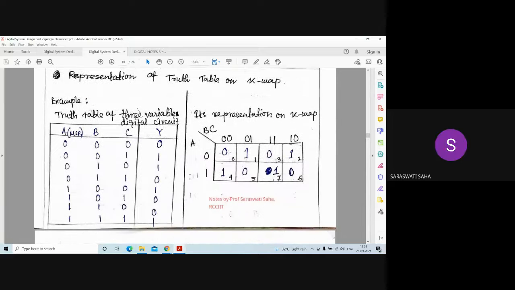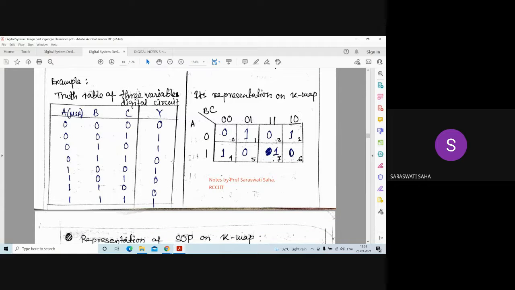Now next, how we can put the min term into the Karnaugh map. Suppose the truth table of a 3 variable digital circuit is given. 3 variable means there are 3 input variables of the digital circuit and Y is the output. So the truth table is given for designing the circuit.